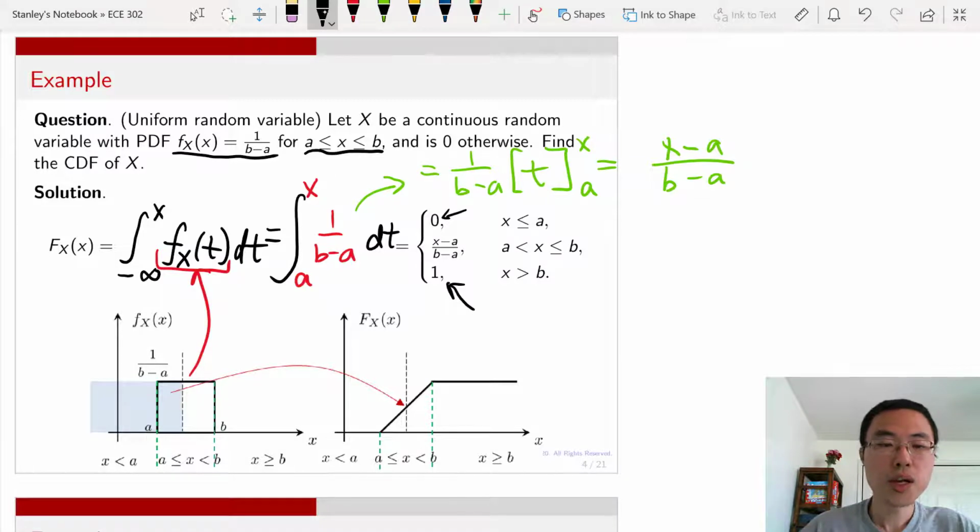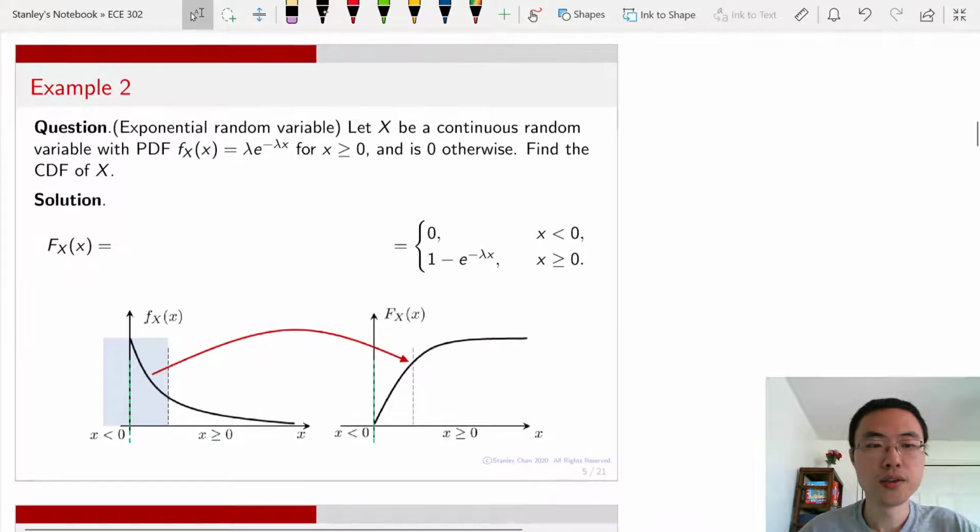Okay, so now we have learned the first example about uniform random variables. We want to ask, can we do something a little bit more difficult where this PDF is not a constant function? So this goes to the second example, which is an example on the exponential random variable. In this exponential random variable, the PDF is given by this equation.